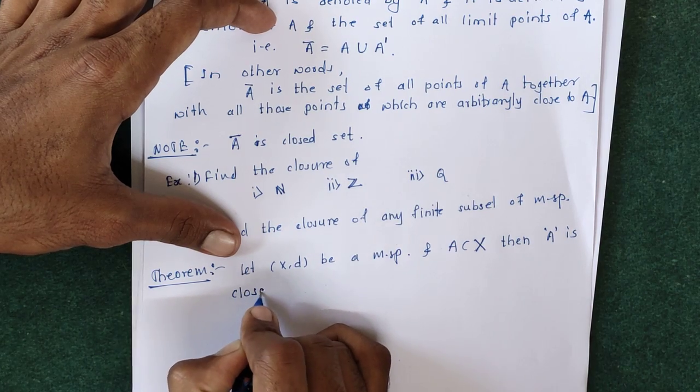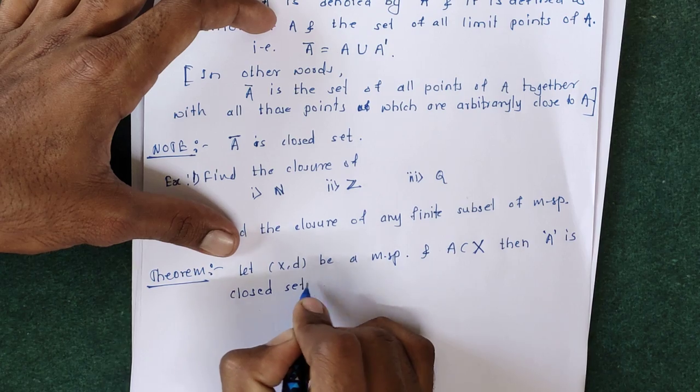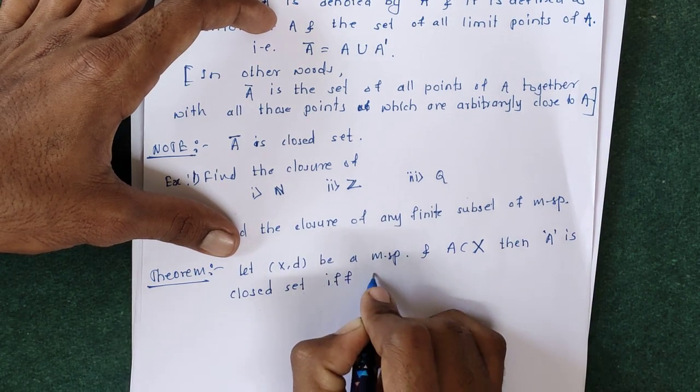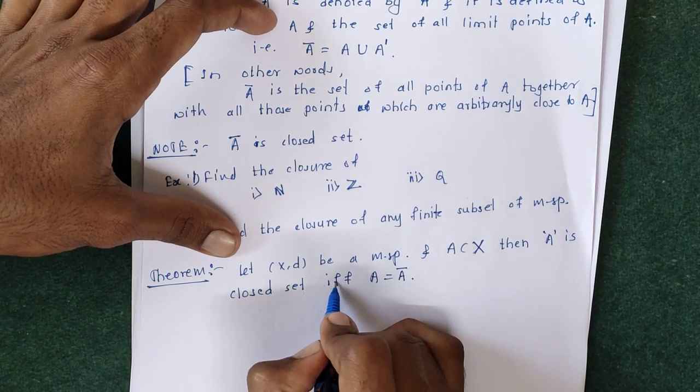We say that a subset of metric space is closed if and only if A is equal to A closure.